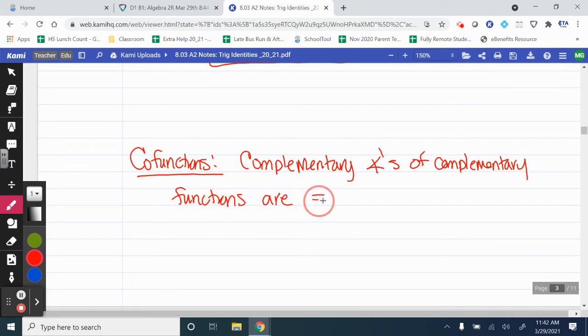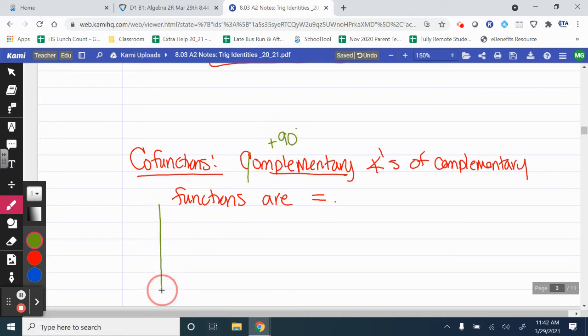So before we go on, what does it mean to be complementary angles? And you may have learned that little trick. You make the C and draw 1 down, you get 90. Complementary angles means they add to 90 degrees.